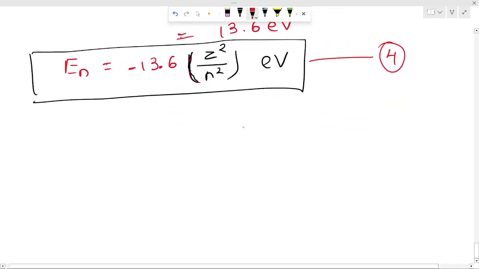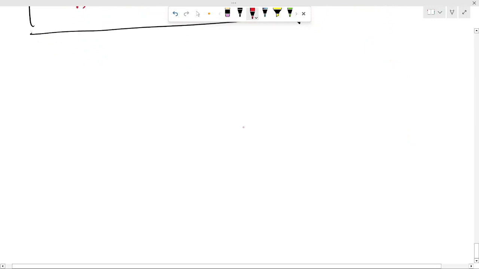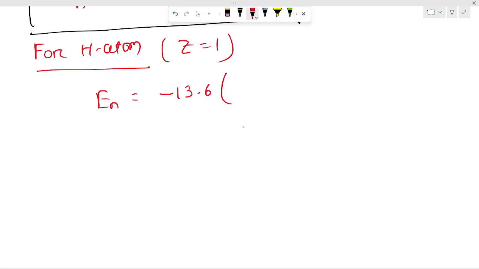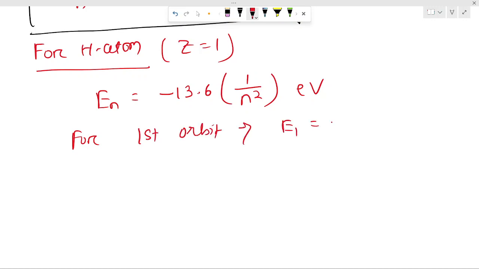Let us calculate for hydrogen atom, that is Z is equal to 1. So I have the energy expression as minus 13.6 into 1 upon n square electron volt. For first orbit, I have energy E1 is equal to minus 13.6 electron volt, isn't it? Yes.